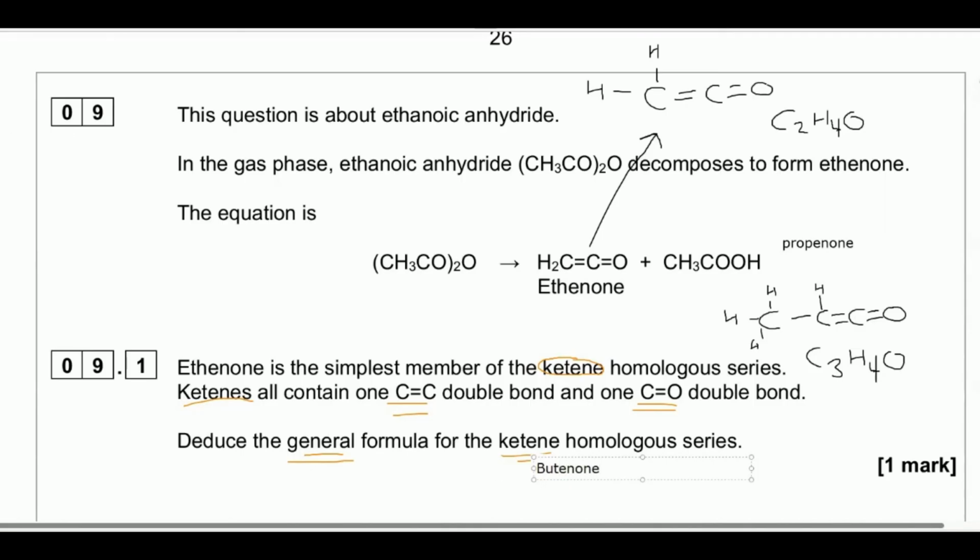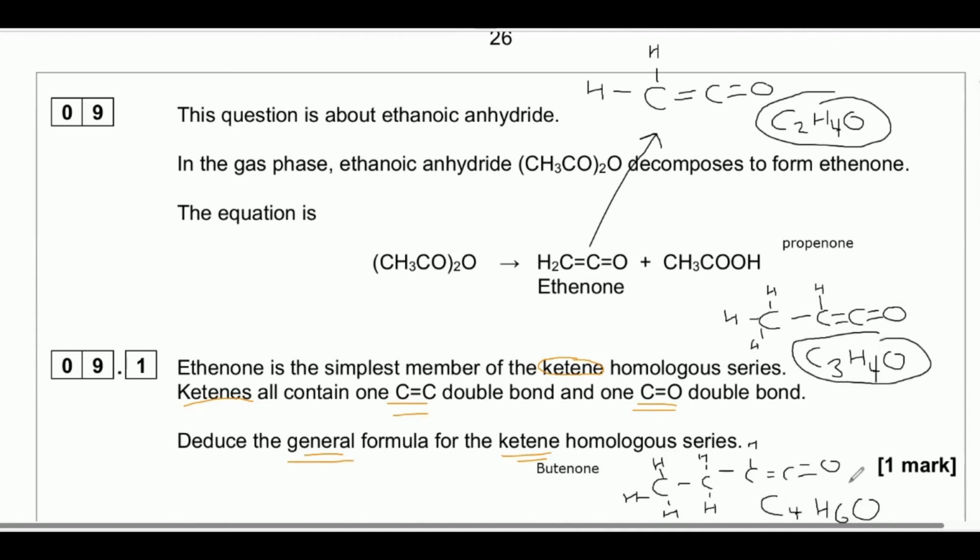And let's have a go at doing butenone too. So that is going to be CH3CH2CHCO, with a double bond and the carbonyl group. Then write out that molecular formula and now try to create a general formula that will apply to all 3 of these molecular formulas.